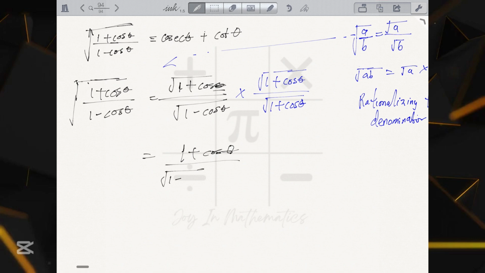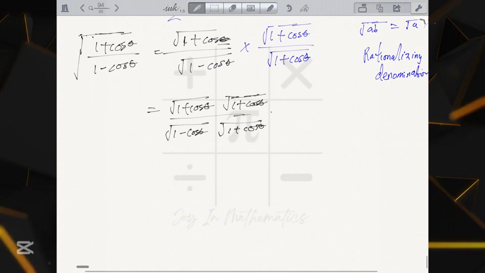Let's take this one a step backwards for more understanding. This is root 1 plus cos theta being multiplied by root 1 plus cos theta, and this is root 1 plus cos theta.